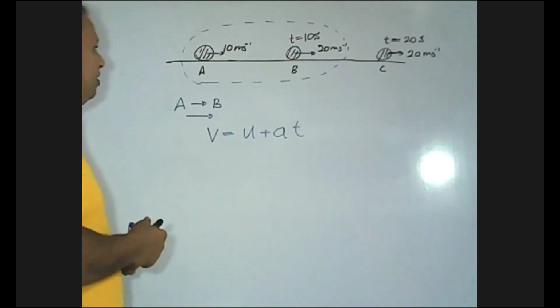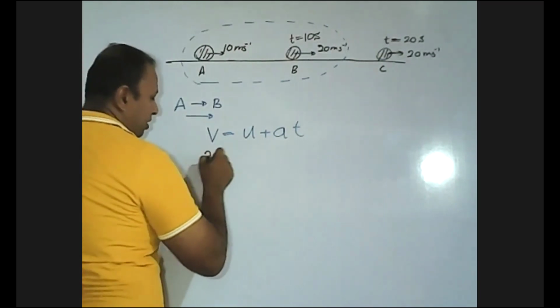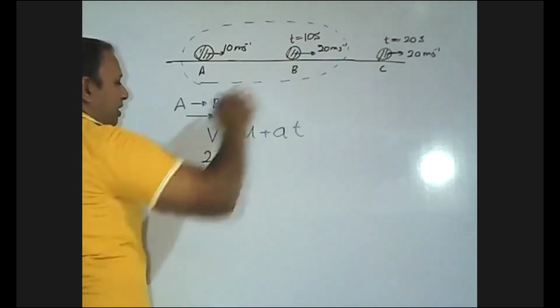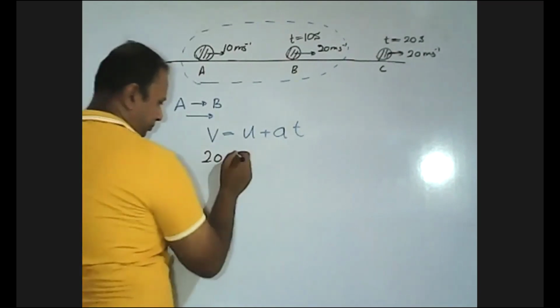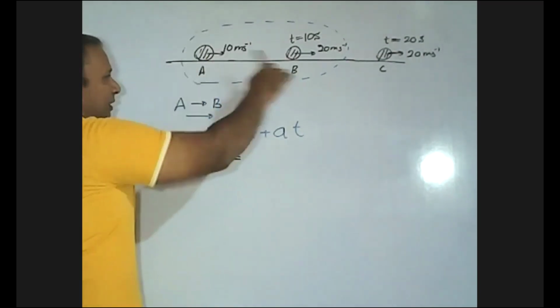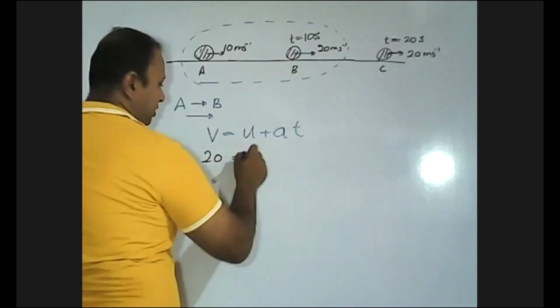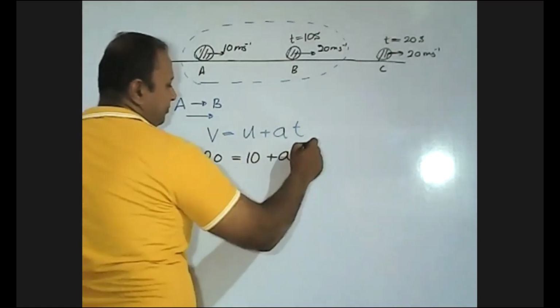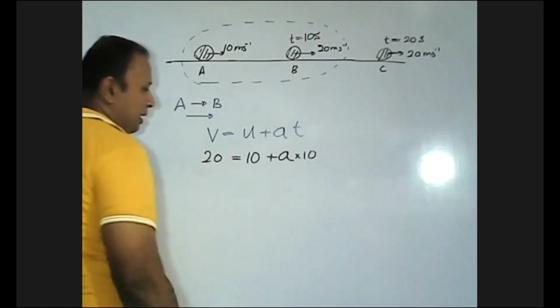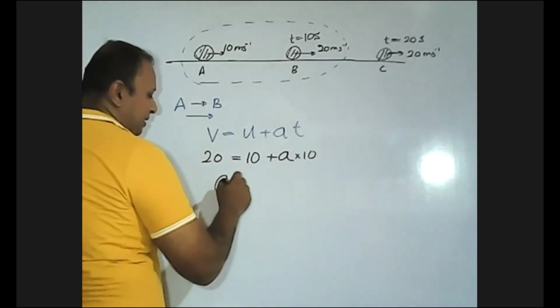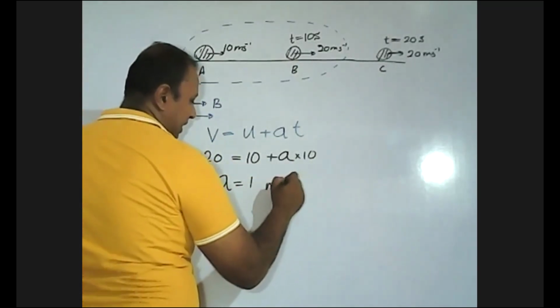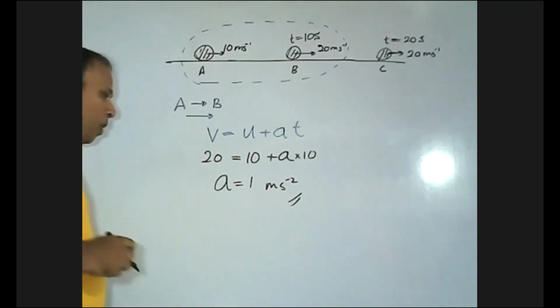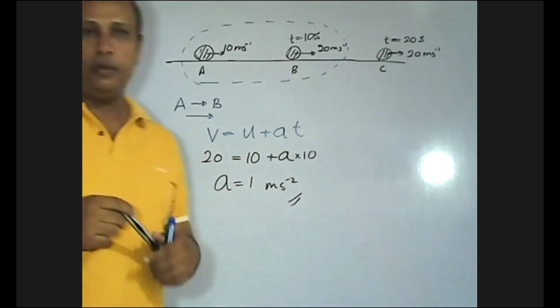V means 20, in the positive direction, U means 10, also in the positive direction, plus A times T. From that, I can write A as 1 ms minus 2.